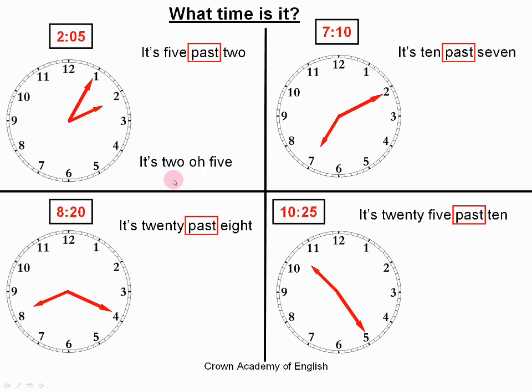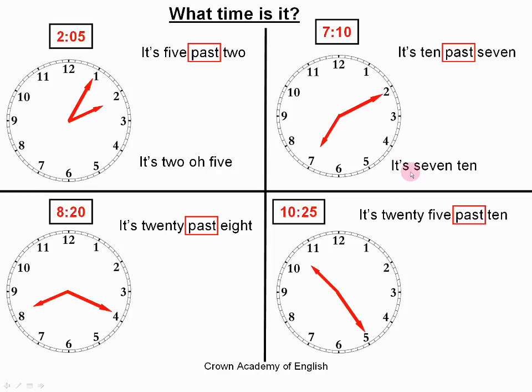So this time we say the hour and then the number of minutes. So O is because we pronounce it as O. We do not pronounce it as a 0. And then we have the number of minutes, 2:05.